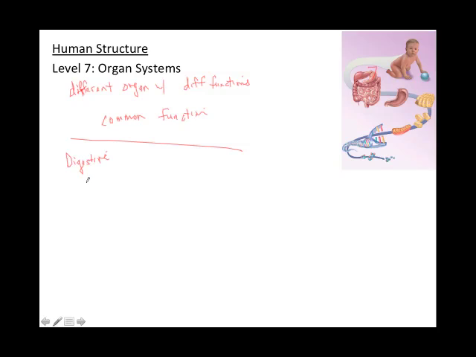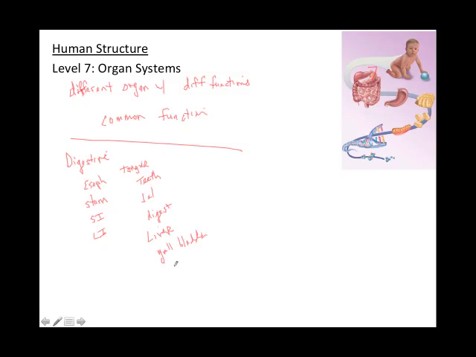The digestive system consists of the esophagus, the stomach, small intestine, large intestine. You also have the tongue, the teeth, you have salivary glands, you have digestive glands, you have the liver, you have the gallbladder. Each one of these organs has their own unique functions, very specific.